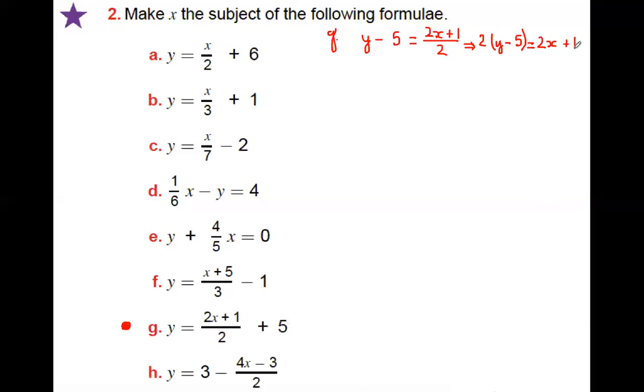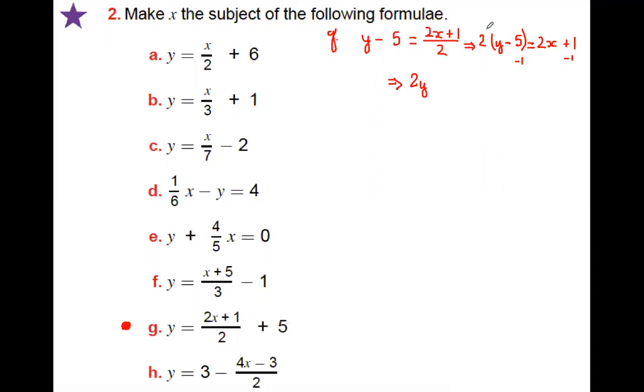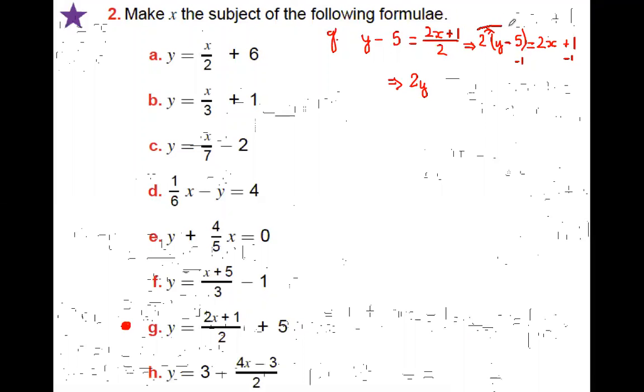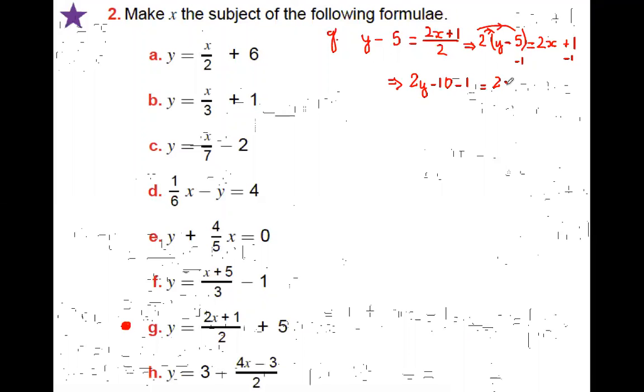Remember, what I'm trying to do is get x on its own. So how do I get rid of a plus 1? Take it away. I'm going to take it away on both sides. Now we can just say 2y, because I'm getting rid of the brackets, minus 10, minus 1, because I'm just taking away 1, equals 2x.